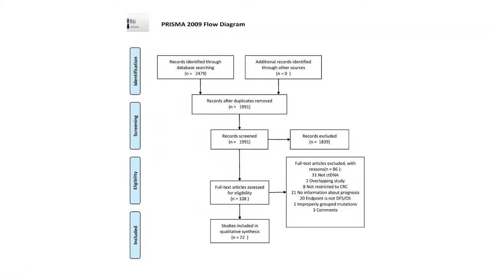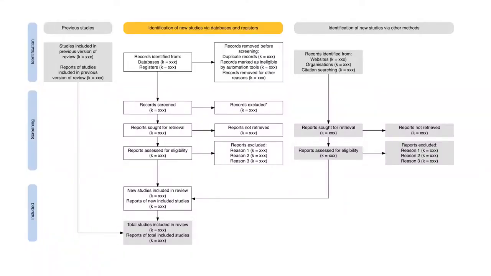Now look at PRISMA Flow Diagram 2009. The 2009 diagram looked something like this. Now look at PRISMA Flow Diagram 2020. This diagram looks something like this. Now how are they different? As you can see, in both diagrams we have the same four sections.